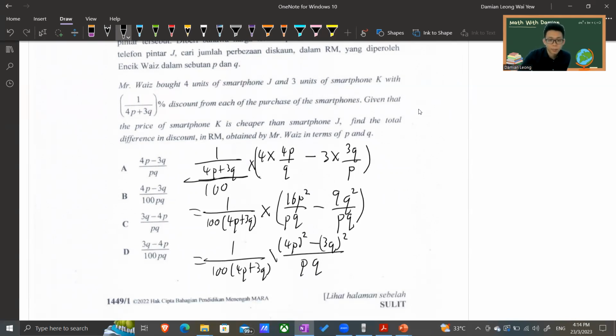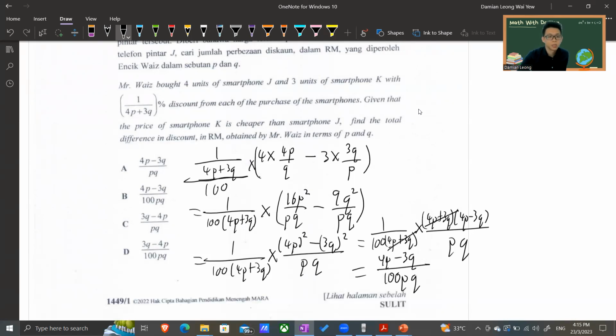Factorize one bracket plus, one bracket minus. So this is 1 over 100 times 4p plus 3q times 4p plus 3q, 4p minus 3q over pq. This bracket I can just cut because it's the same. So top times top, 4p minus 3q, over bottom times bottom, 100pq. So answer would be B.